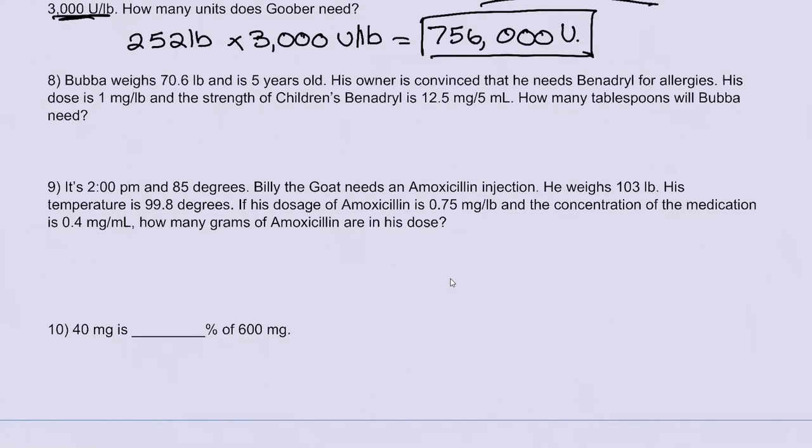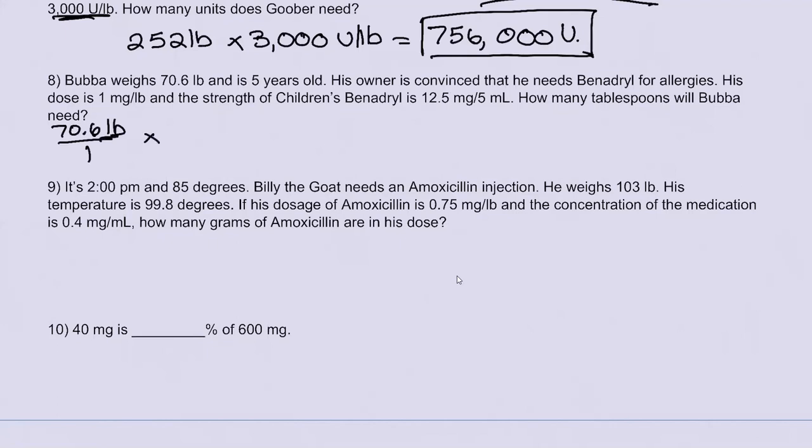All right, so this one has a lot of information on it, and for some people it can be a little bit much. So why don't we go ahead and use our bridge method for this one. So let's put our 70.6 pounds over here, and we'll just put it over 1 as a placeholder.